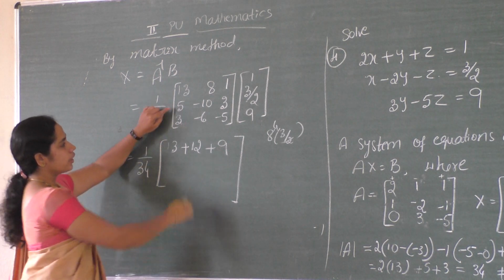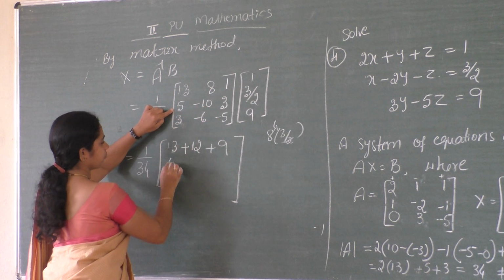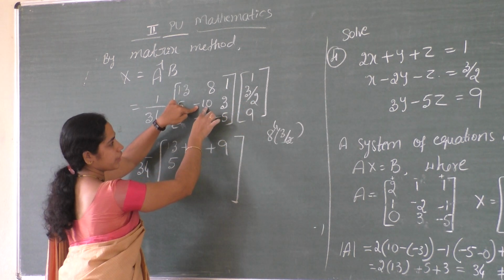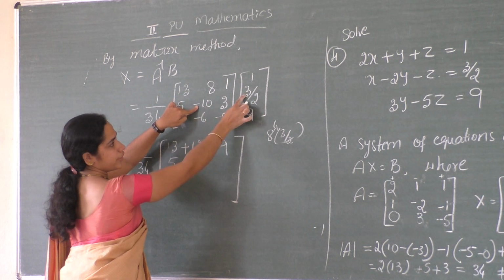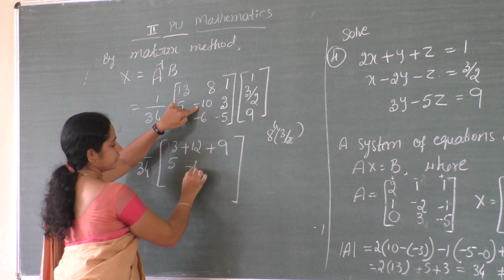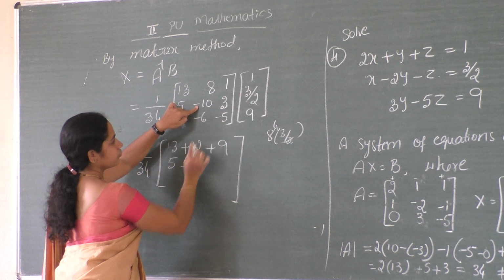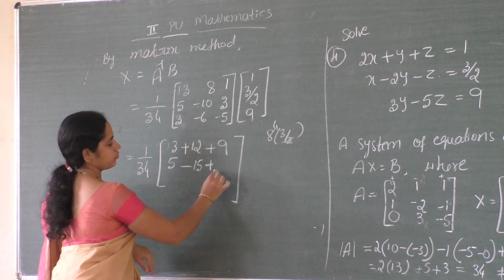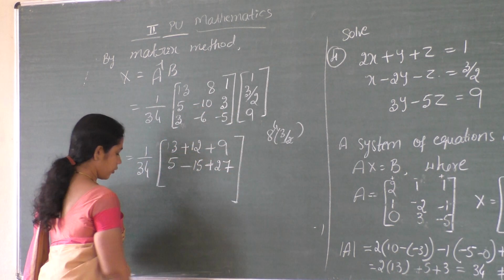Next 5 minus 10 into 3 by 2, 2 5s are 5 into 3, 15, so minus 15 plus 3 into 9, 27.